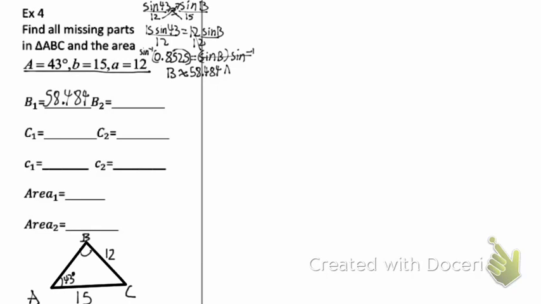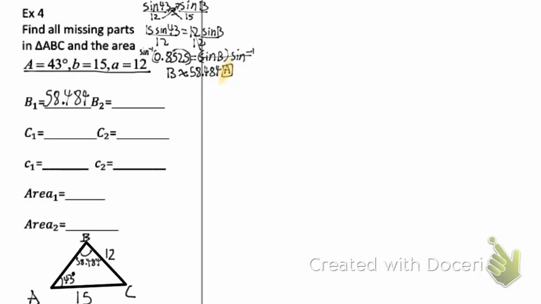So we can write A here. I'll highlight it. So now we know this is 58.484. Now let's find C1. We already know the three angles of the triangle are supposed to add up to 180.